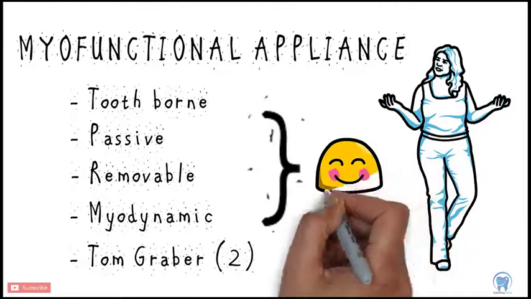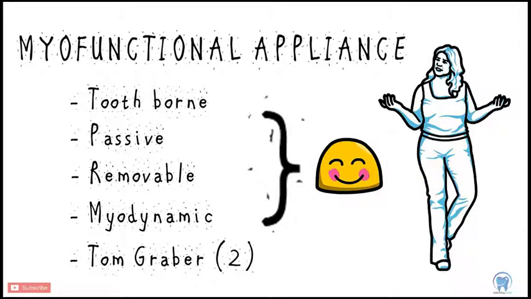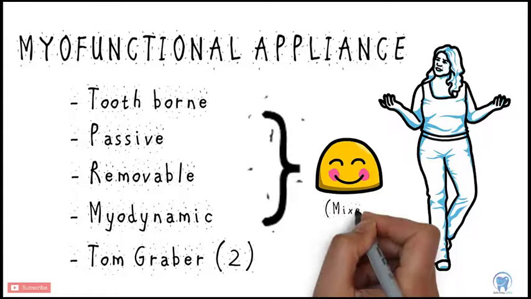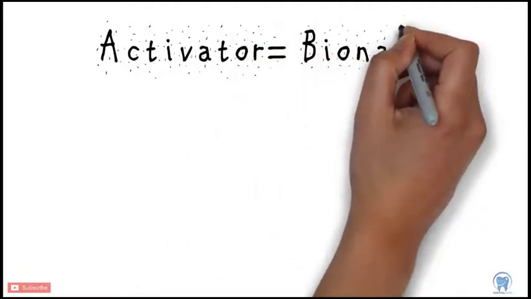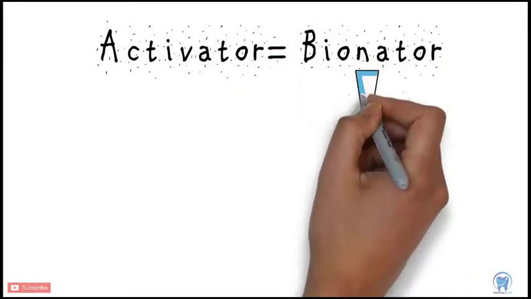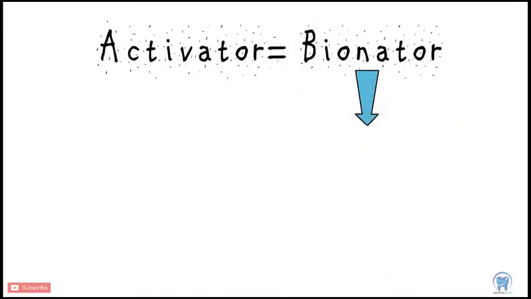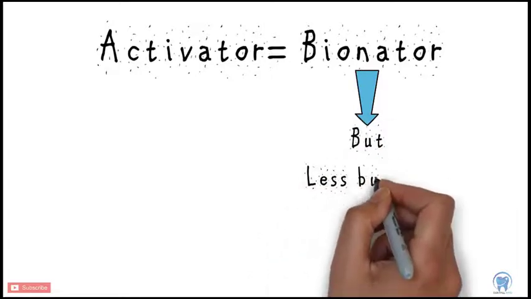Another important point to remember is that this appliance should be used during the mixed dentition period. A Bionator is very similar to an activator, the only difference being that a Bionator is less bulky.